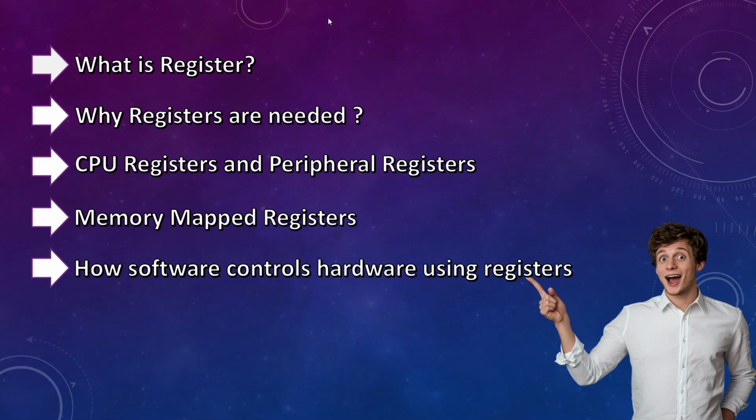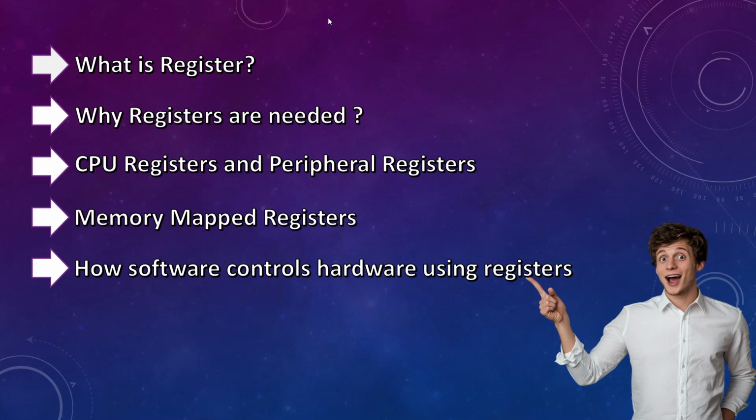We will understand what is a register, why registers are needed, the difference between CPU registers and peripheral registers, and also we'll learn about memory mapped registers, and we'll be seeing how software controls hardware using registers.